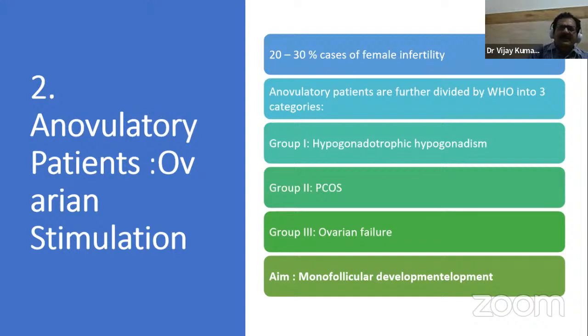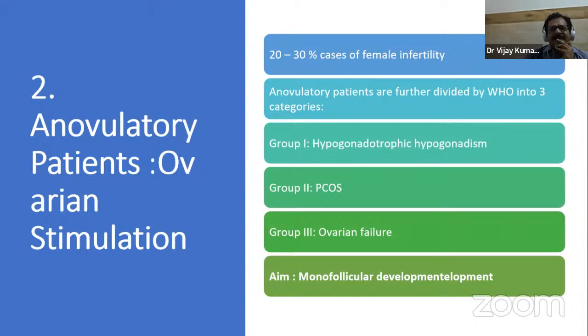There will be multiple small, immature follicles, which fail to reach the appropriate size, and they fail to mature to form the graafian follicles. In such cases, it becomes very important that we establish the right internal hormonal milieu in order to have successful ovulation.